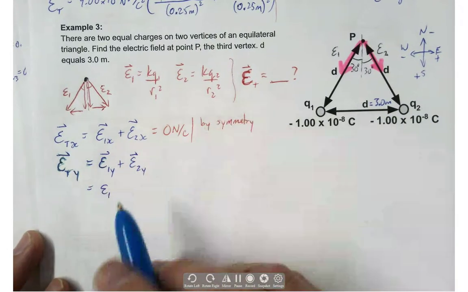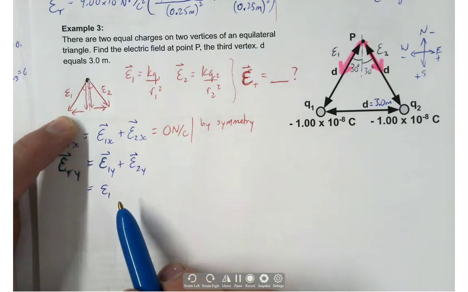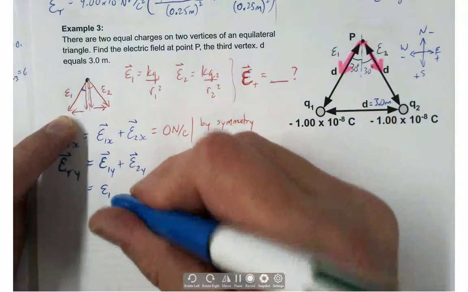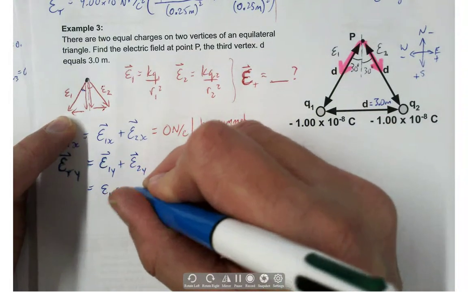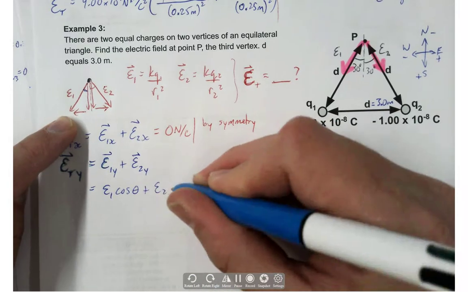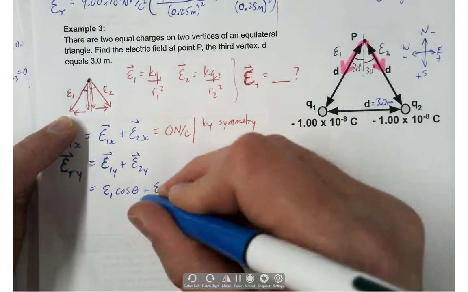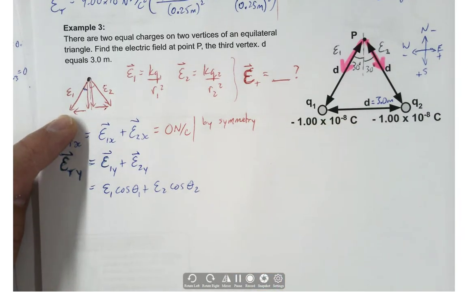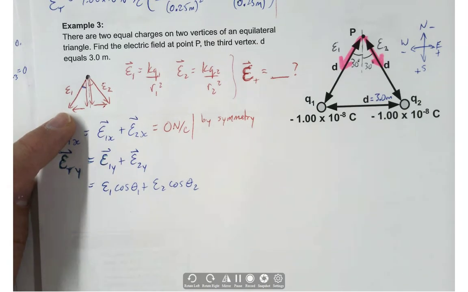And if I'm doing y components and the angle is relative to the vertical, then epsilon 1y is going to be epsilon 1 times cosine of theta. Epsilon 2y is going to be epsilon 2 times cosine. If you want to call it theta 1 and theta 2, that's not a terrible idea, because it would be the angle relative to the vertical for field line 1 and field line 2.